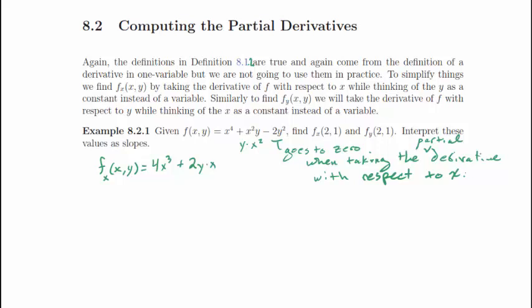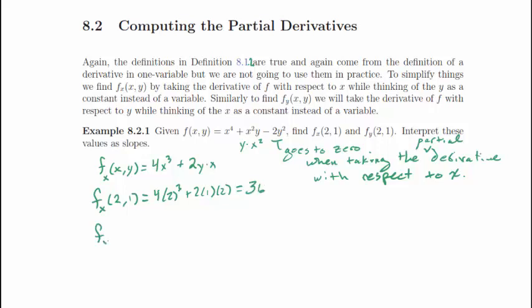Okay. Then I can say f sub x at 2 comma 1 equals 4 times 2 cubed plus 2 times 1 times 2 equals 2 to the third is 8 times 4 is 32 plus 4 is 36.